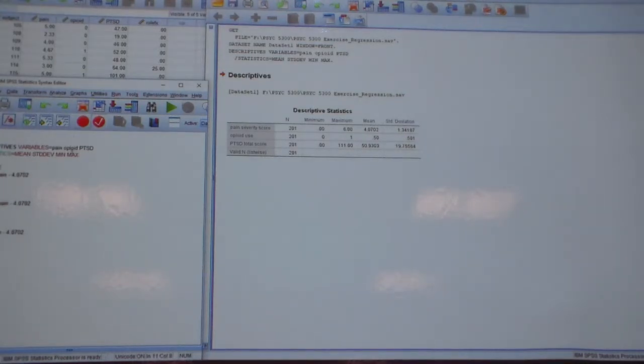Opioid is going to be my opioid variable minus the mean of my opiate use, 0.50.